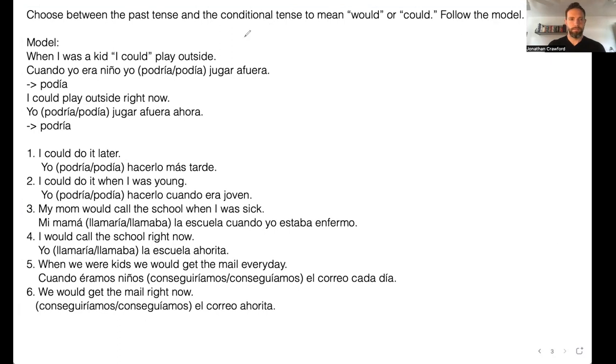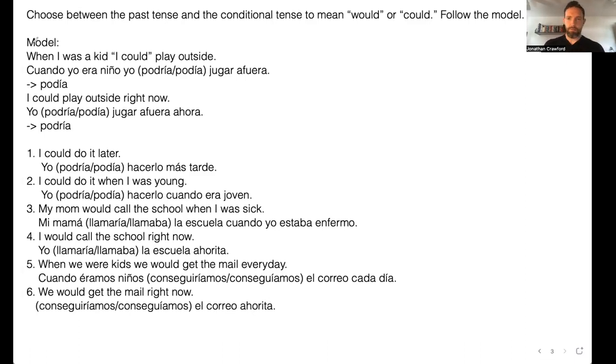Follow the model. So in this case, this is like when I was telling you that if you're saying would or could referring to the past, that's not the conditional tense. It's probably going to be the imperfect tense. In some cases, colloquially, you could also use the preterite depending on the context.